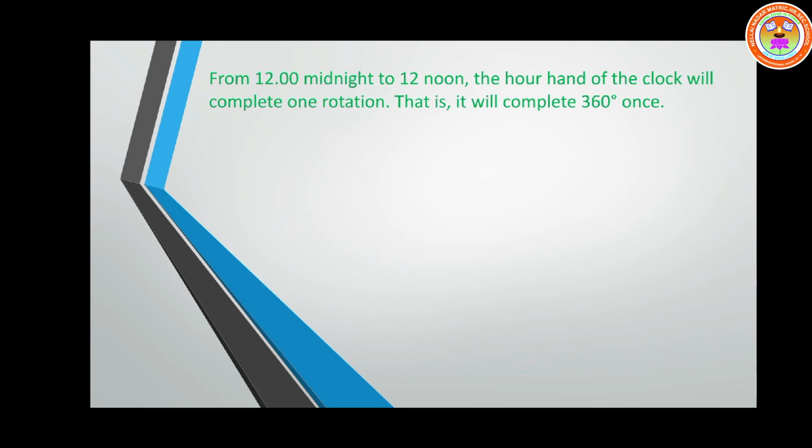From 12 midnight to 12 noon, the hour hand of the clock will complete one rotation. That is, it will complete 360 degrees once. That is what is called a complete angle.